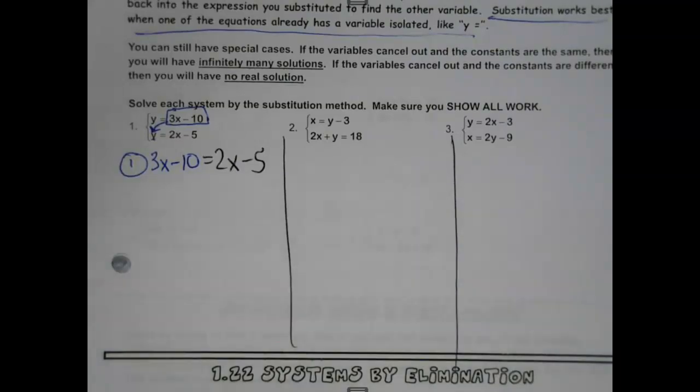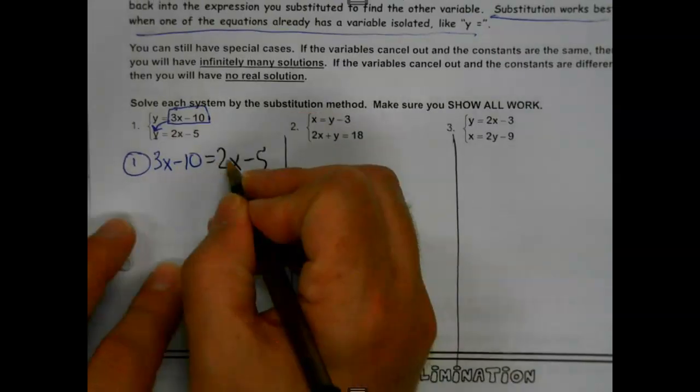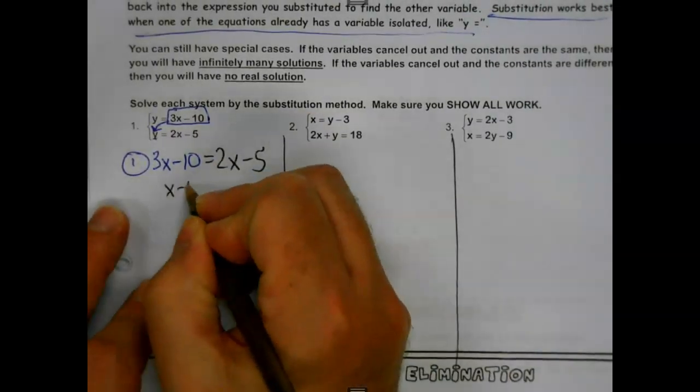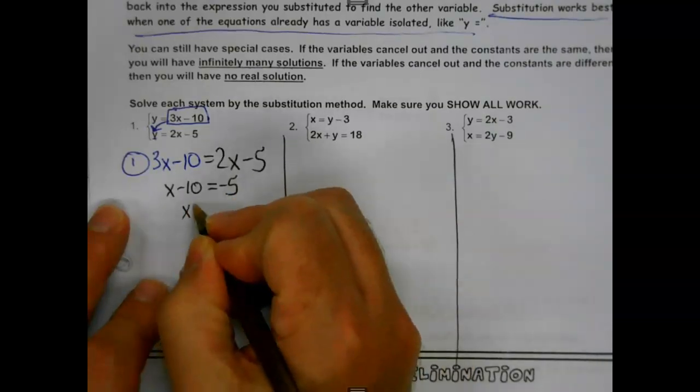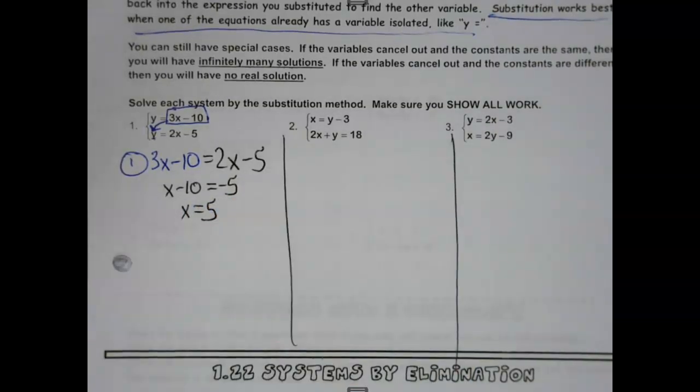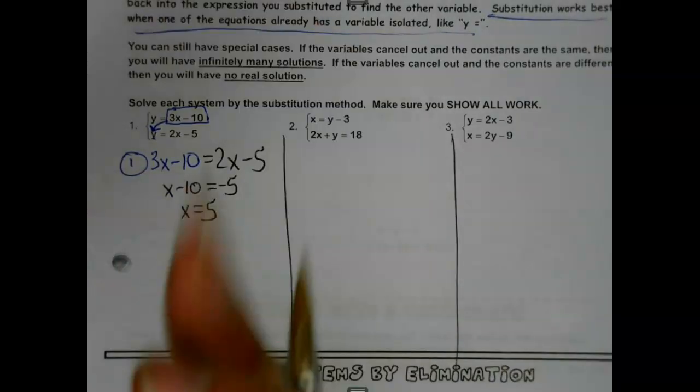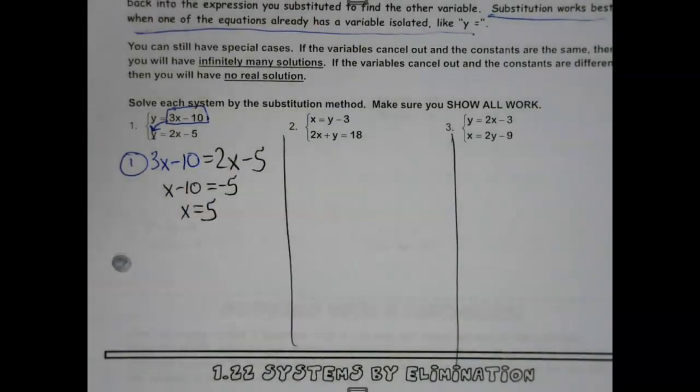And so once I do that substitution, minus my 2x over, add my 10 back. Okay, I've got my x value. Sweet. For step 2 now, I want to know what y is.